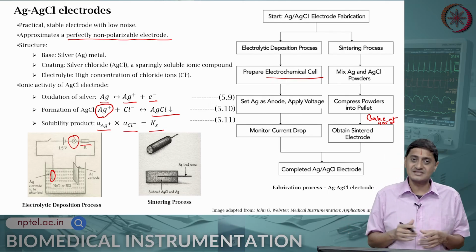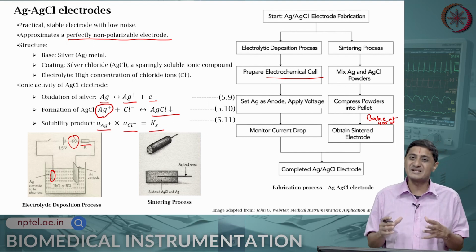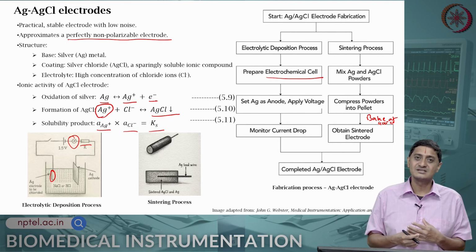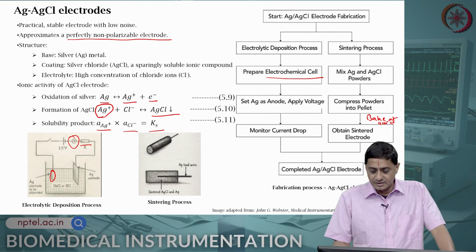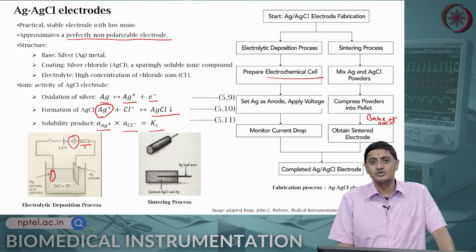So, there is such a thing as an optimal silver and silver chloride mix that you can then use in the sintering process. If there is too much silver, then there might be short circuiting. If there is too much silver chloride, then there might be a high impedance.